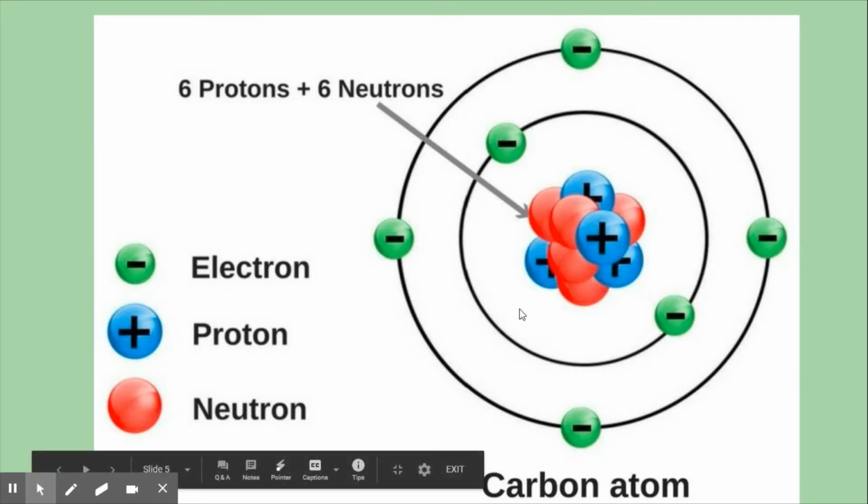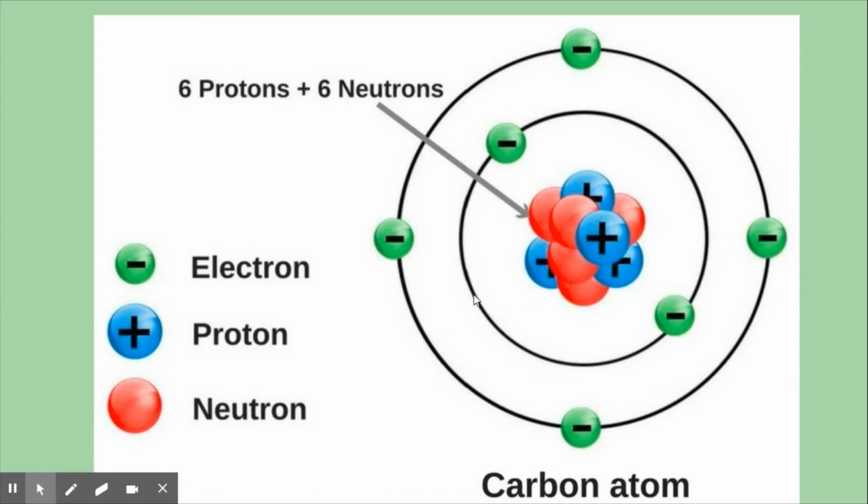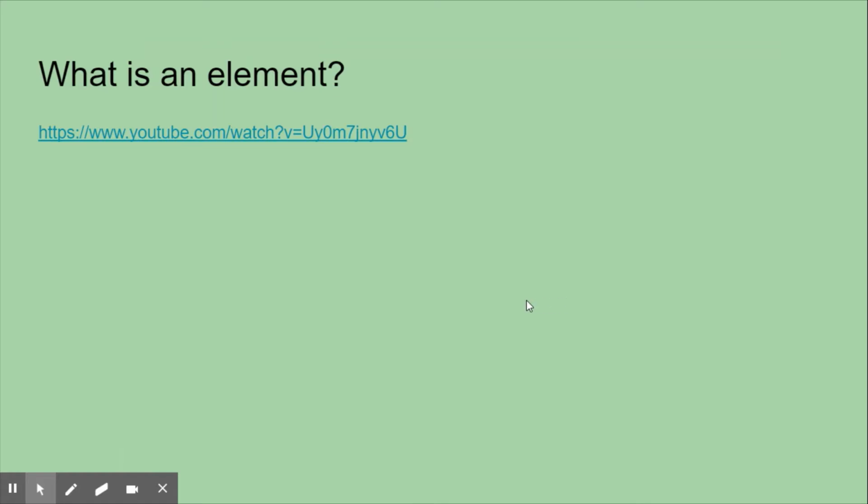So for example, the element carbon is a substance, enough for us to hold, made out of just carbon atoms. Or say a gold coin is simply a coin made out of the element gold.